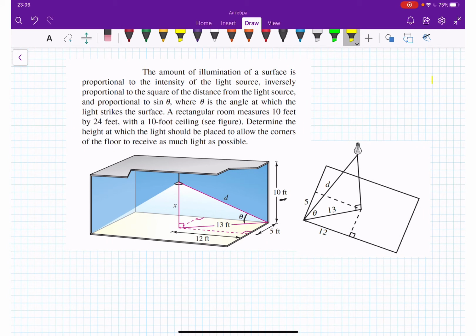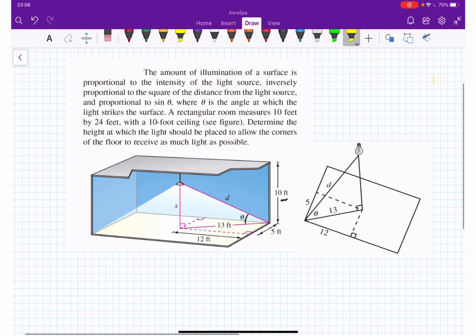Okay, let's solve the following problem. The amount of illumination of a surface is proportional to the intensity of the light source, inversely proportional. Let me write that down as I read. So illumination, I will mark down as an I, is inversely proportional to the square of the distance from the light source.